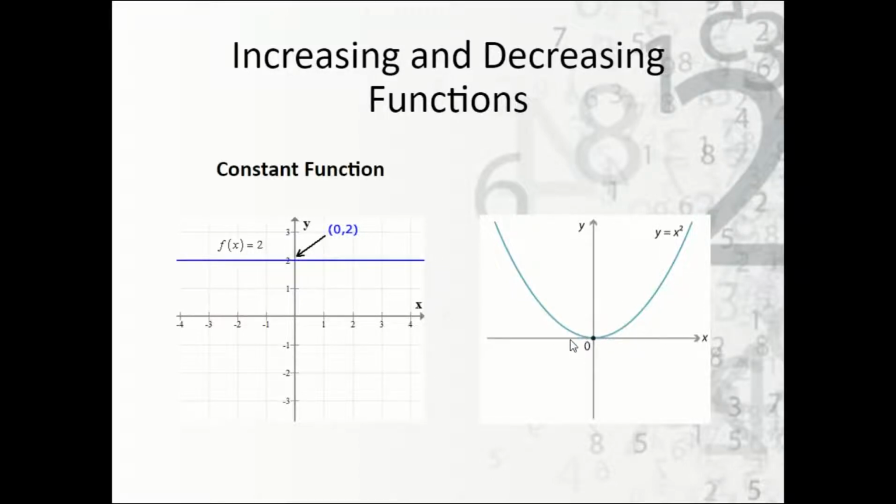Now, not all functions are just one thing. For instance, we have a parabola here. We can see that on the interval negative infinity to 0, it is decreasing. But then on the interval 0 to infinity, it is increasing. So this is both increasing and decreasing on certain intervals, and we would need to define those intervals.